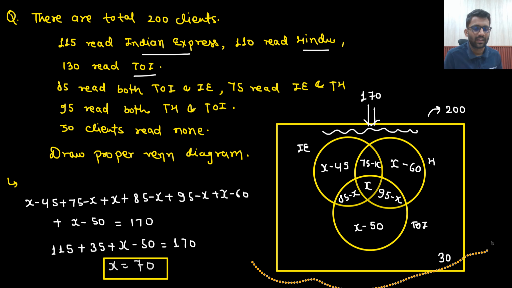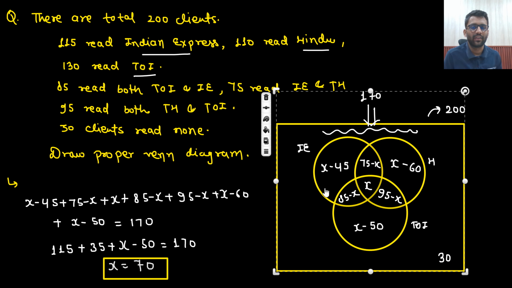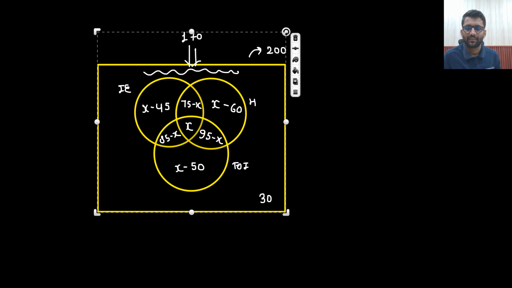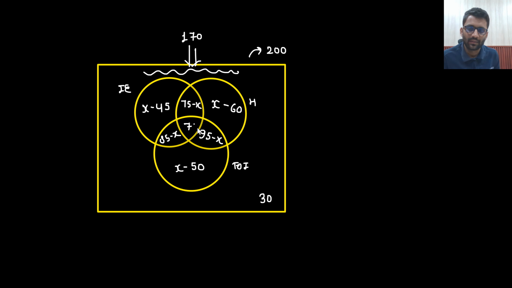So let's draw the complete Venn diagram again. If I draw the proper Venn diagram, so this x is 70. This will be 5. This will be 15. This will be 5, 25.